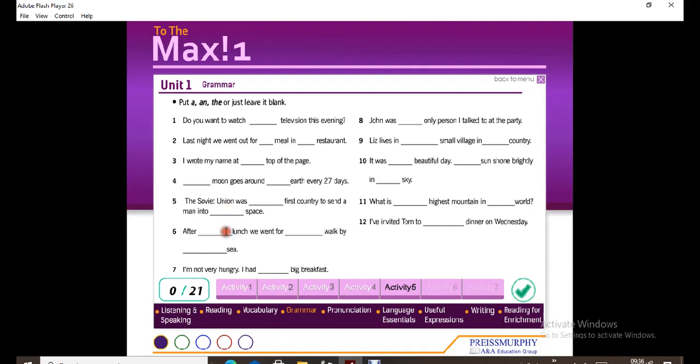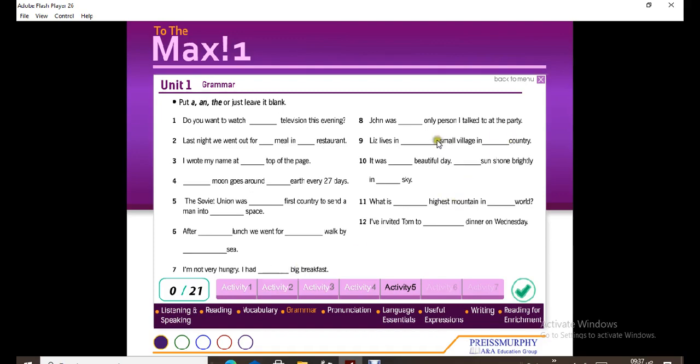Now, number 7: I'm not very hungry. I had a big breakfast, because here there is an adjective, which is big. So I'm going to write a.